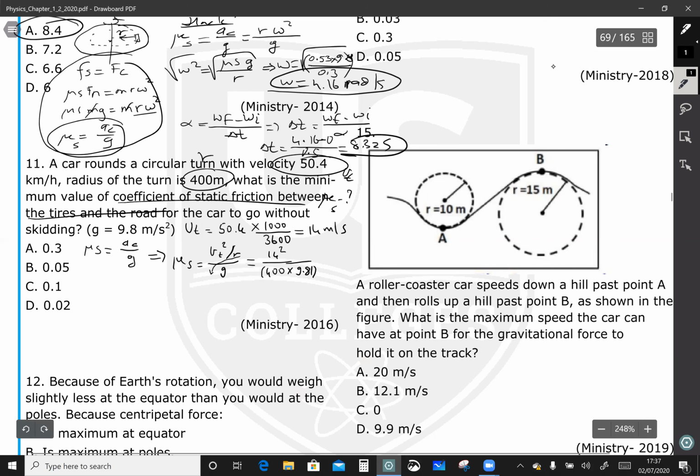Don't forget the bracket for the denominator, otherwise your calculator will answer incorrectly. 14 squared divided by bracket 400 multiplied by 9.81, close the bracket, and get the answer 0.05. 0.05 is the coefficient of static friction between the tires of the car and the road. So the answer is B.